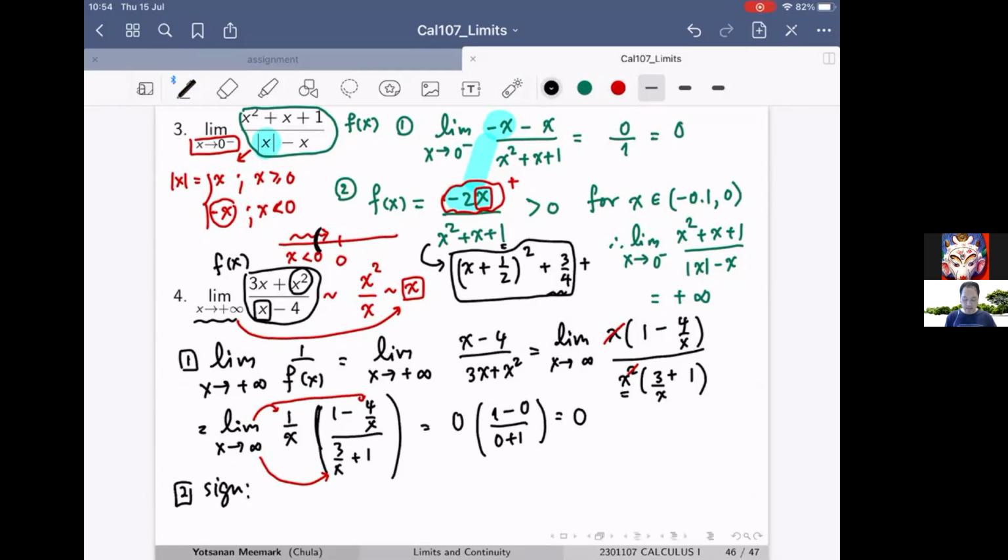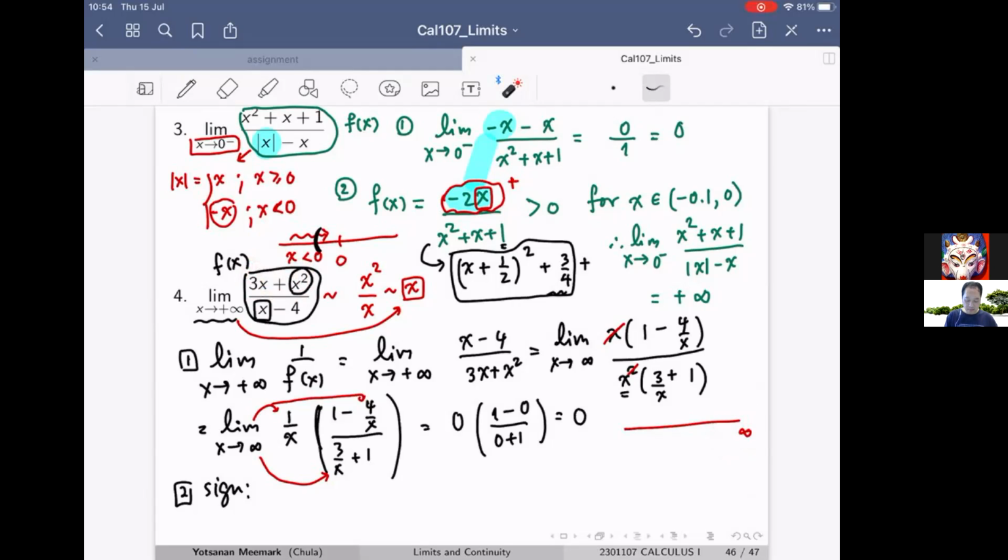Now we check the sign, okay? Right now we are talking about infinity, okay? So here, look at the top. You have 3x plus x squared. X squared is always positive. And as your x goes to infinity, 3x should be positive, right? So everything is positive, add the positive, so it should be positive here, no matter what, is it?